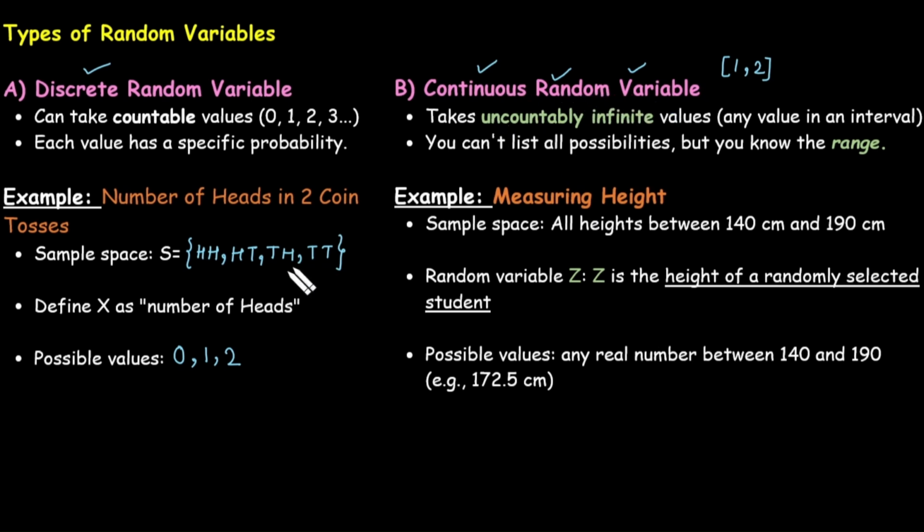Now let's take one more example. Suppose you are in a race and we are saying x is a random variable that calculates the time taken to finish a race.